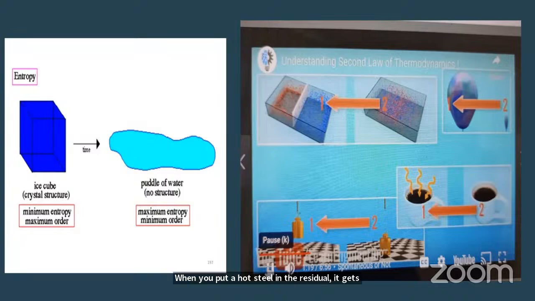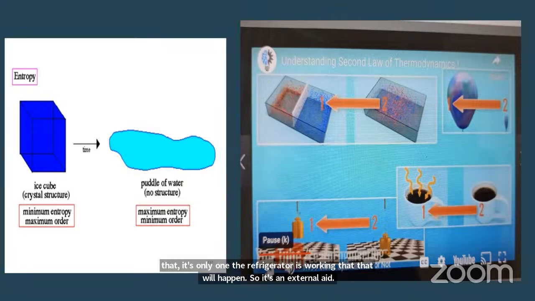Whatever hot thing you put in the refrigerator cannot make your refrigerator become hot. But remember that it is not a natural process. There is an energy that is cooling that is doing that, such that it's only when the refrigerator is working that will happen. So it's an external aid.